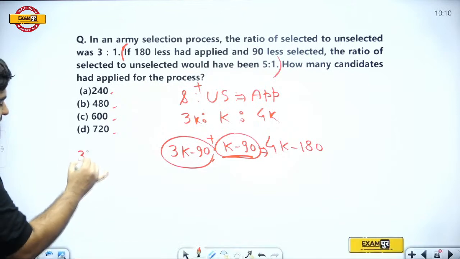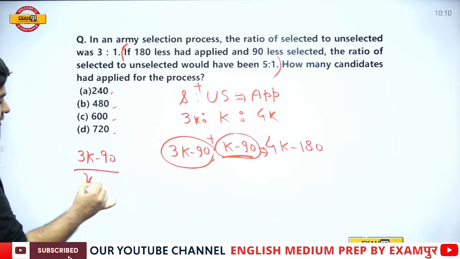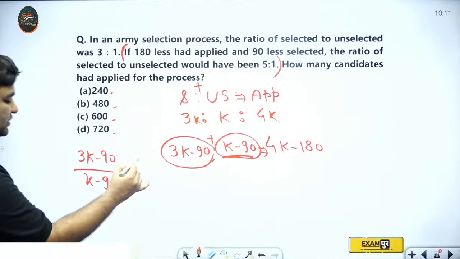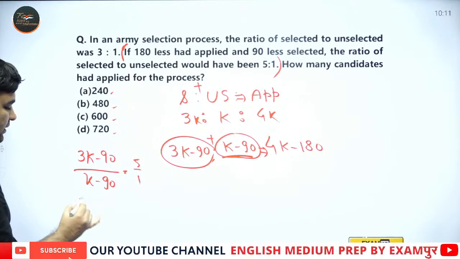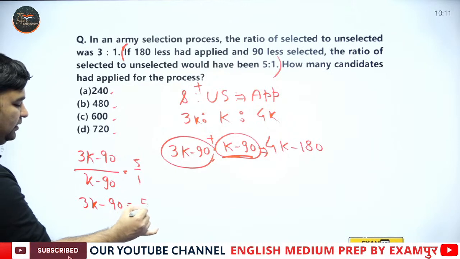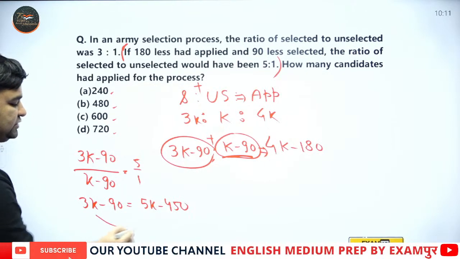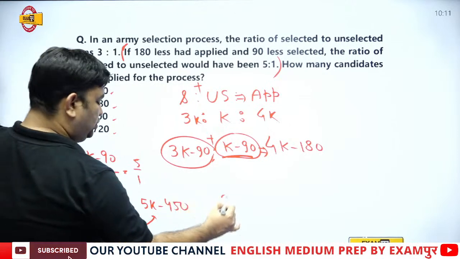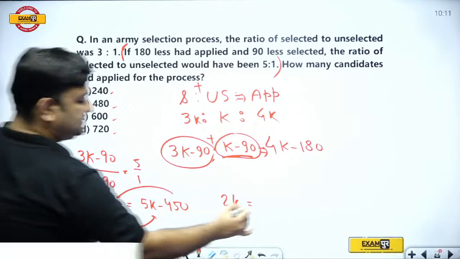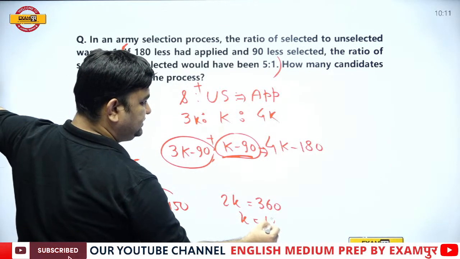So 3k minus 90 upon k minus 90 would be in the ratio 5:1. 3k minus 90 is equal to 5k minus 450. Take this over here, so 2k would be equal to 360. K is 180.